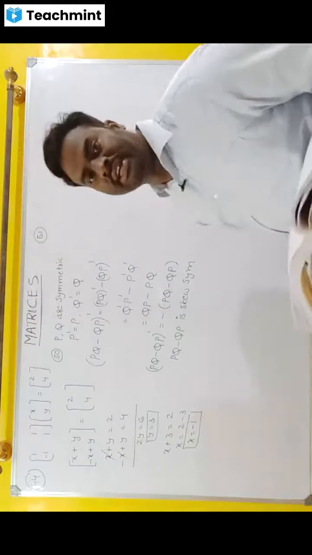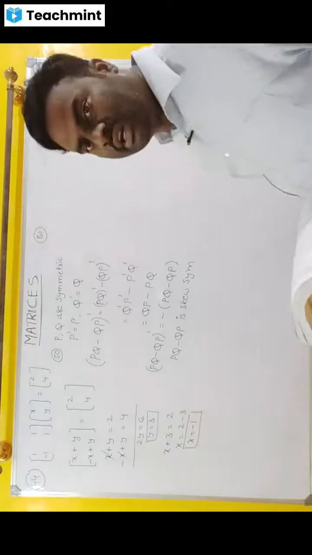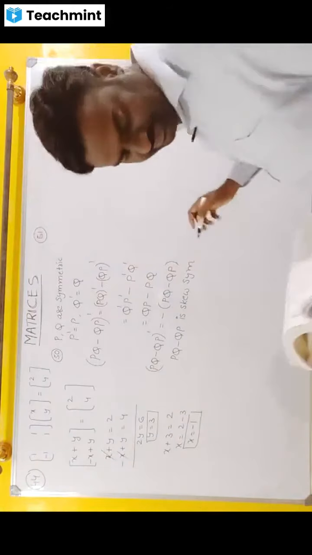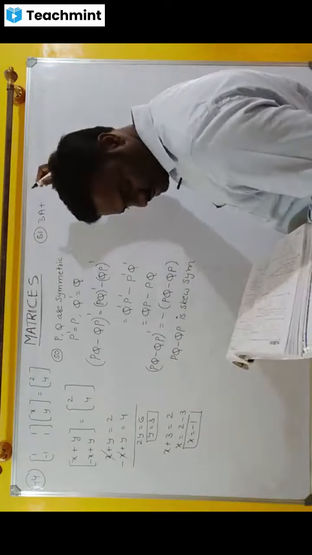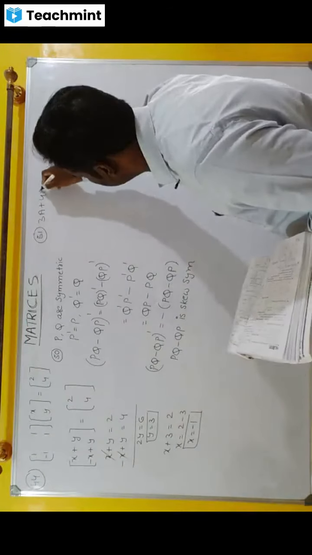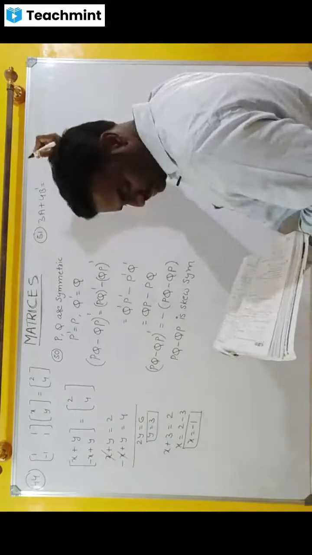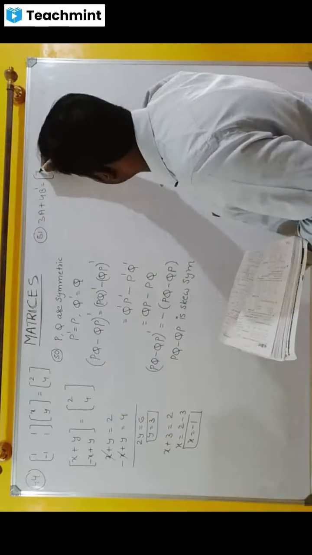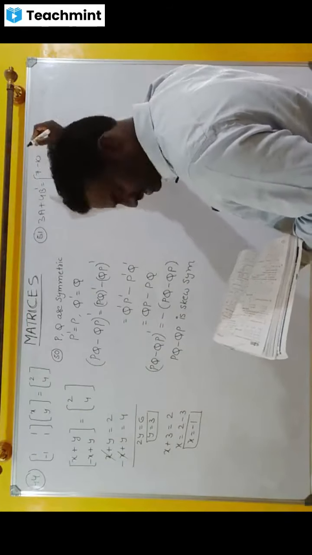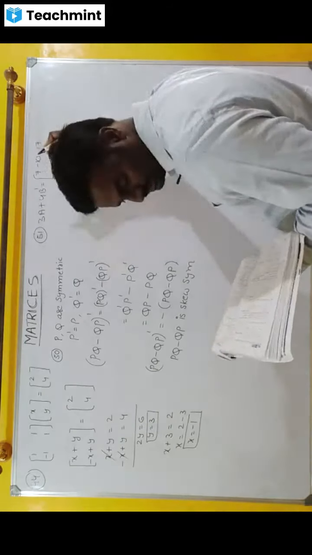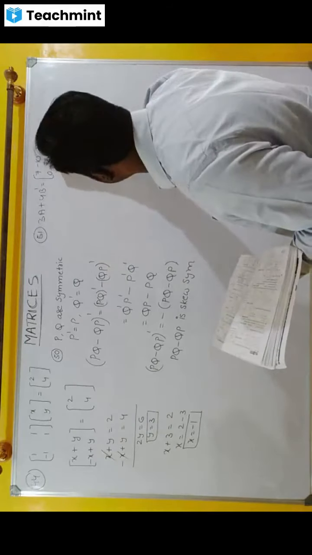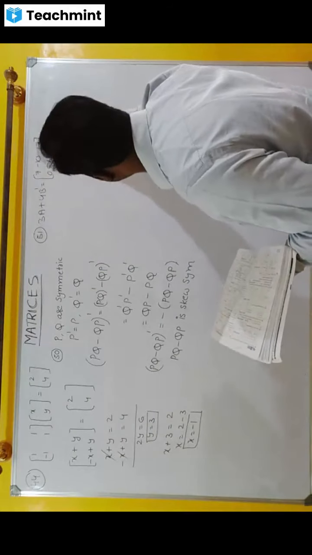This question was also asked in KCET 2019. See what is question number 51. They gave 3A plus 4B dash is equal to [7, -10, 17; 0, 6, 31]. This is the first condition.